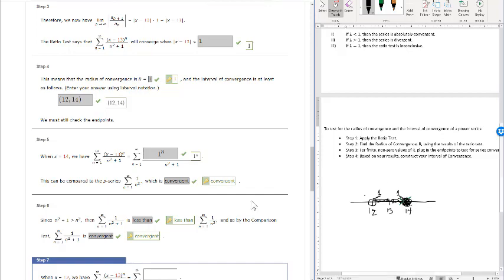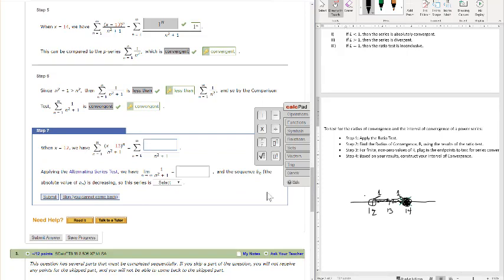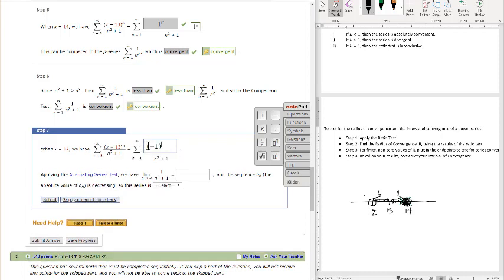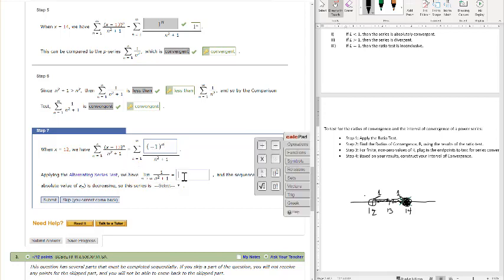So we can shade that. Now x is equal to 12. When x is equal to 12, we put 12 in here, and we get negative 1 to the n. Now this is an alternating series. Actually, we don't really need to do this because we know that the first one absolutely converges, so if we put an alternating series there, it's also going to converge.